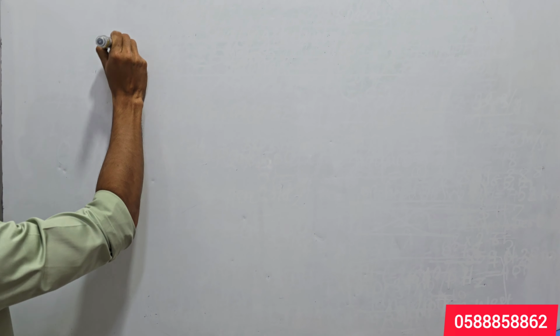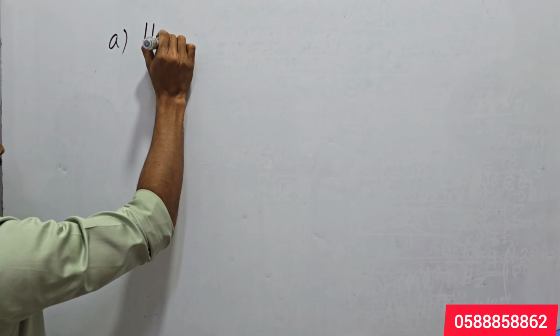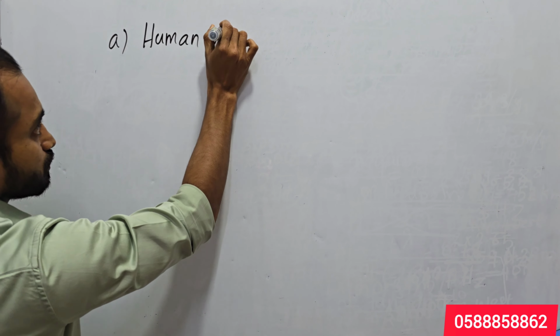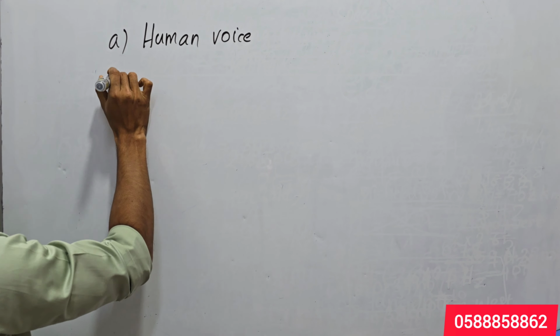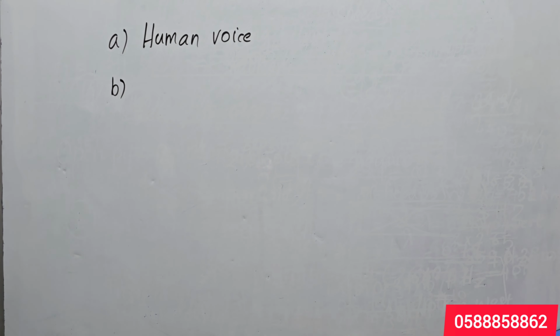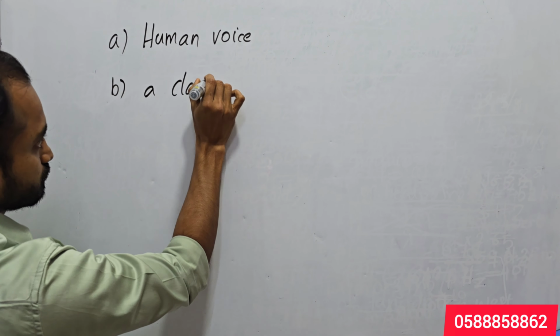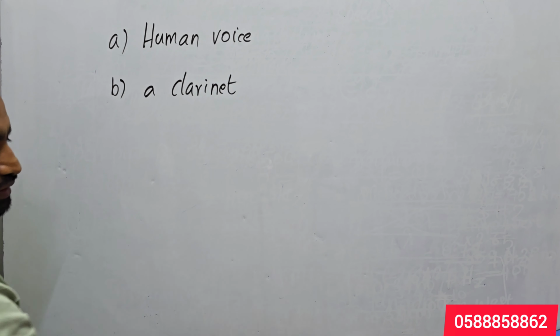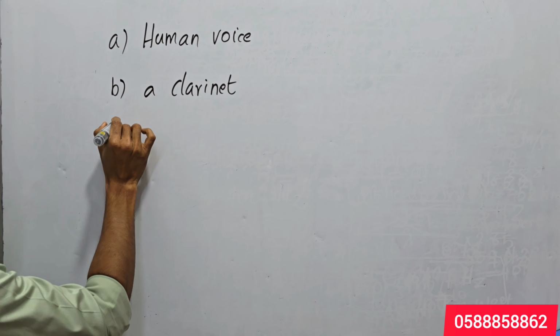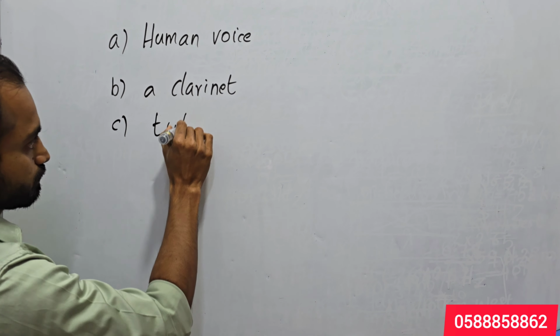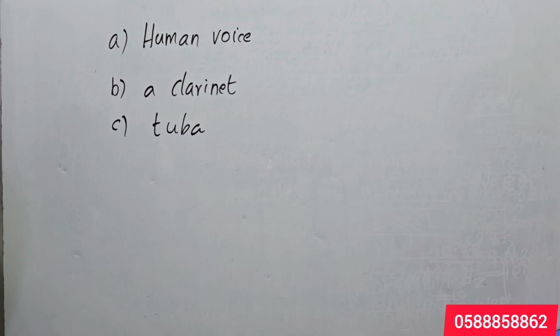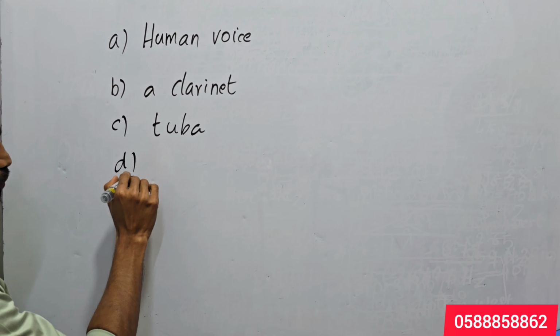First one, in a human voice. B, in a clarinet. C, tuba. And D, violin.